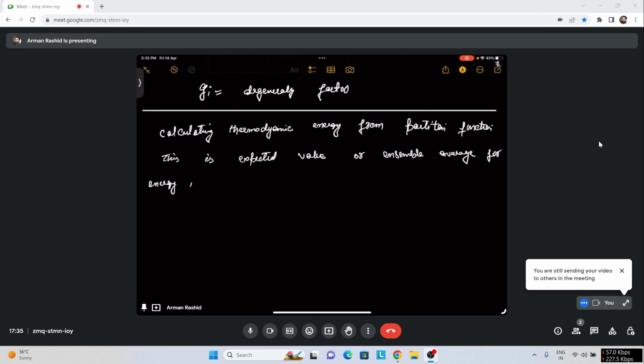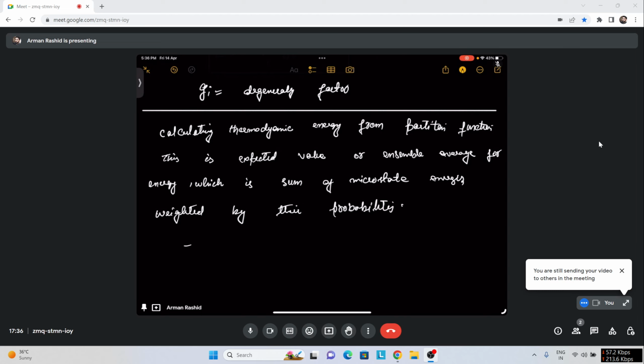So this is an ensemble average for energy, which is the sum of microstate energies weighted by their probabilities. So the total energy E is the expectation energy, given by summation over all the energies of different states multiplied by their probabilities.